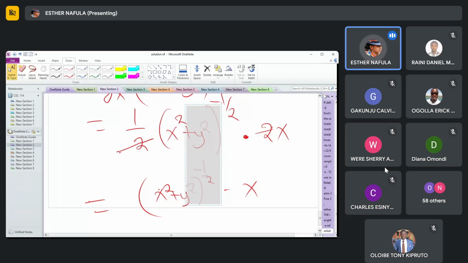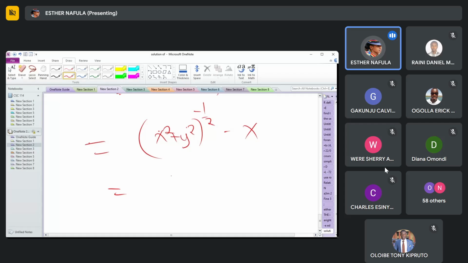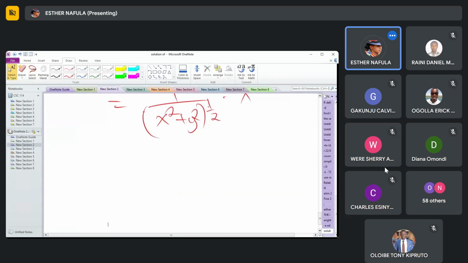So x squared plus y squared raised to negative half can also be written as 1 over x squared plus y squared raised to positive half, times x. But this is equal to x over something raised to power half, which is the same thing as the square root of x squared plus y squared.